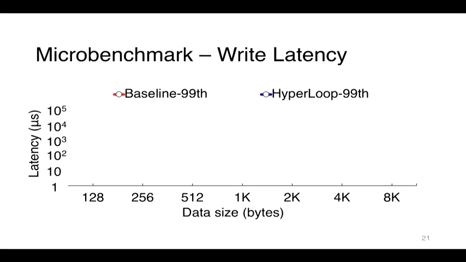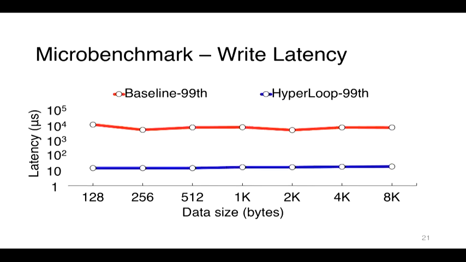Using the micro-benchmark, we measure the latency of each primitive while emulating busy CPUs on replicas by introducing some CPU-intensive tasks. This graph shows the tail latency when performing memory writes on a group of replicas. X-axis is the data size and Y-axis is the log-scaled latency.